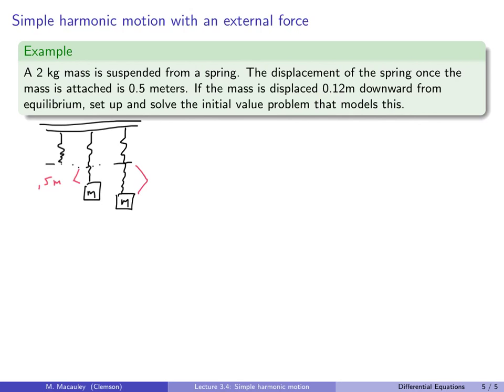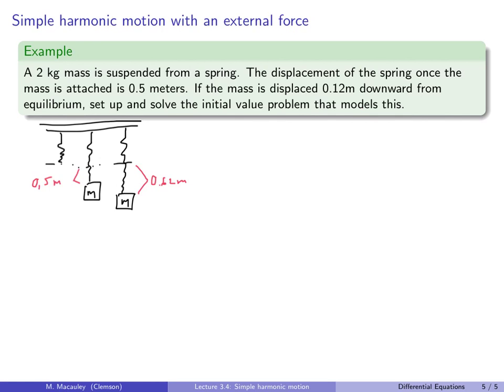So now this is 0.62 meters. This is 0.5 meters. And then we let go. What's going to happen? This spring is going to bounce back and forth forever, assuming that there is no damping. So let's set up and solve the initial value problem that models this.